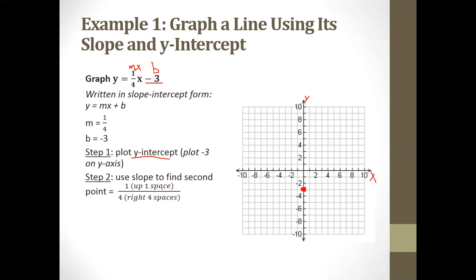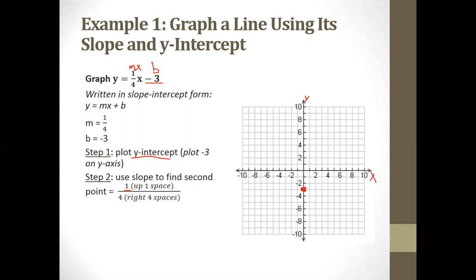Step 2, we're going to use the slope to find a second point. Our slope is 1/4. Because it's a +1 in the numerator, we'll move up 1 space, and +4 in the denominator, we'll move right 4 spaces. Starting at -3, your y-intercept, we'll go up 1, right 4, and plot the second point.